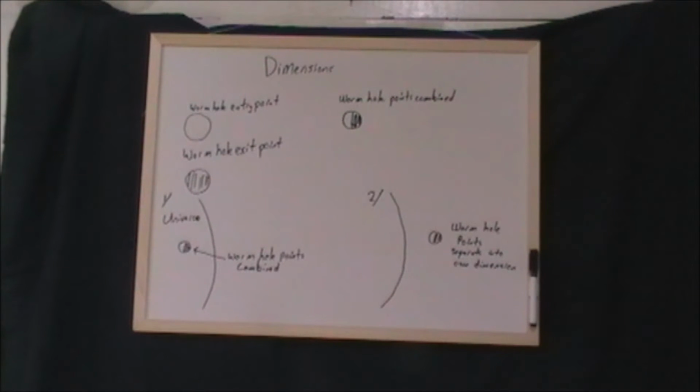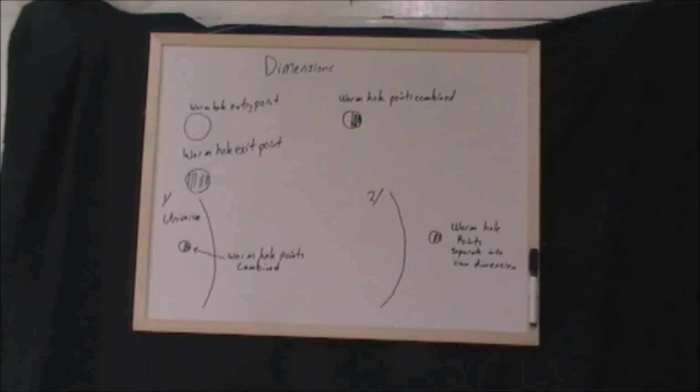Now, a dimension is a space, and how a dimension is made is it's where a wormhole entry point and a wormhole exit point are combined.